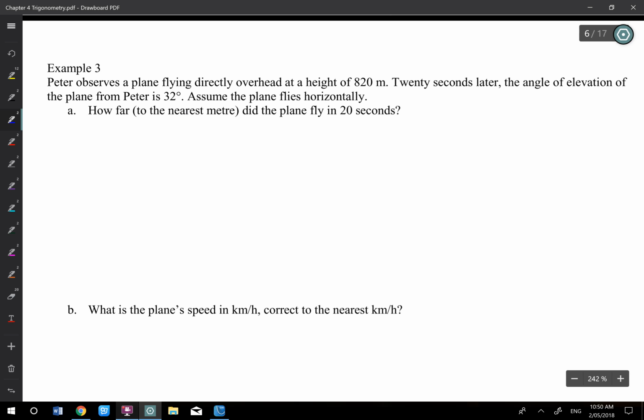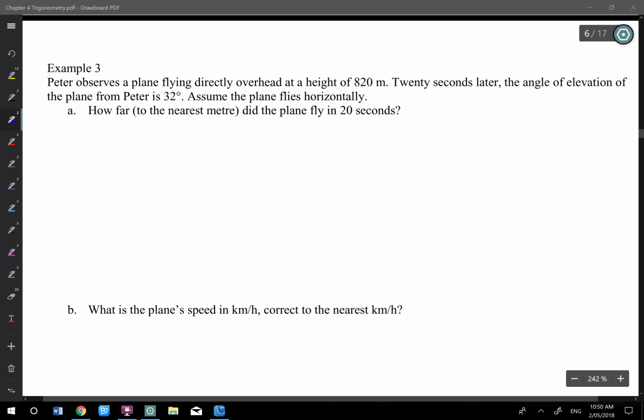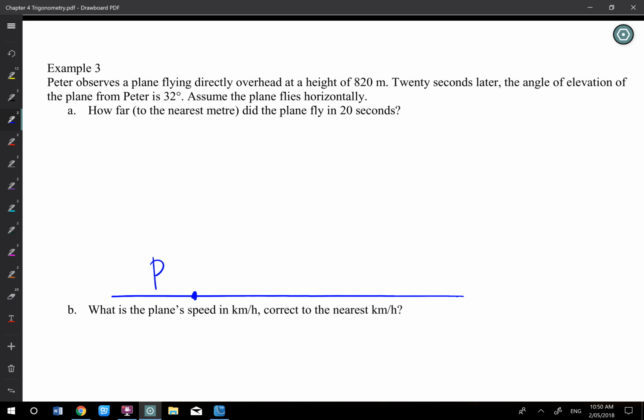Okay, Peter observes a plane flying directly overhead at a height of 820 meters. Let's say Peter is on the ground. Let's ignore the height of Peter, because we're observing something really high, so 1.5 or 2 meters is not that important.